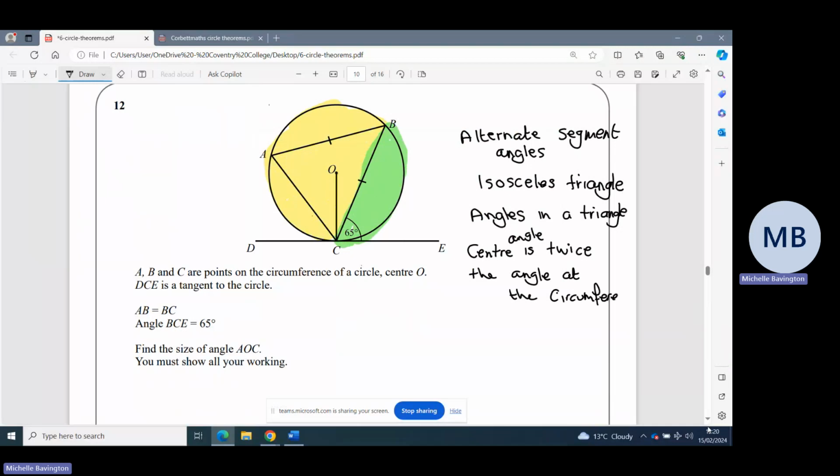Use your paper, go back, watch the video again, okay? Because this is quite easy, believe it or not. So, which ones of them are you going to use to find the angle O? Think, think, think. Good luck. We'll go over it in class.